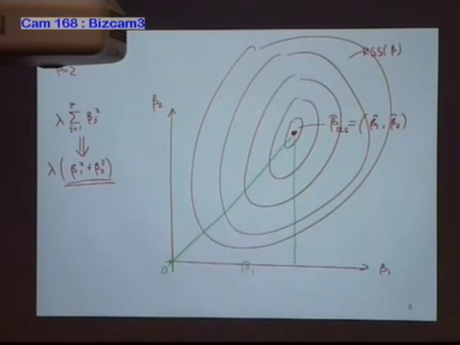This is beta 1. This is beta 2. Beta 1 squared plus beta 2 squared, this is the square root of beta 1 squared plus beta 2 squared.